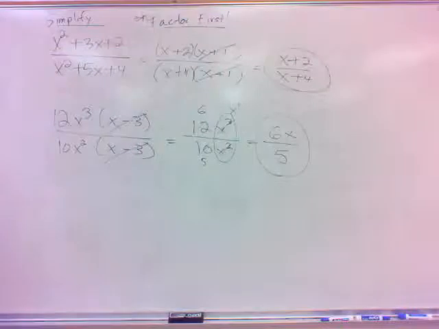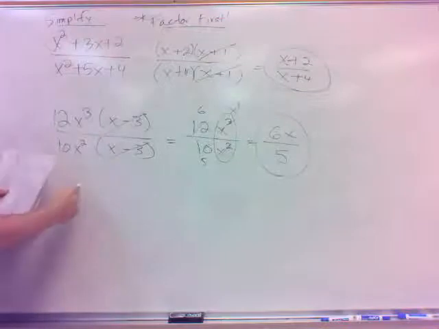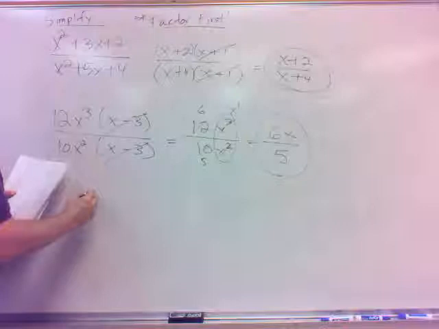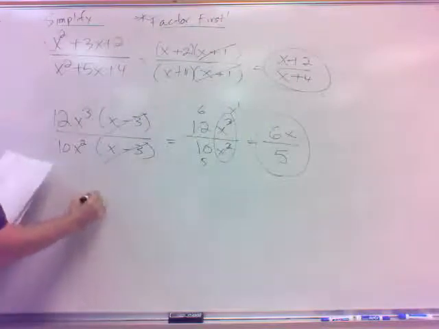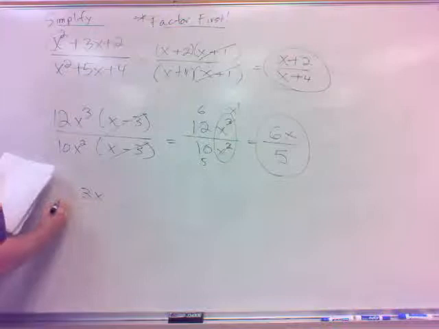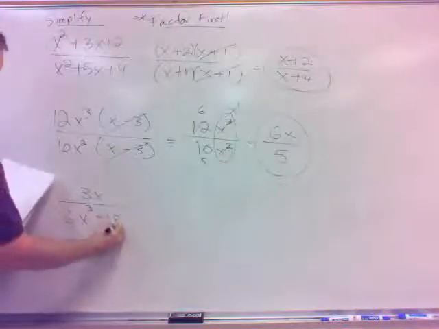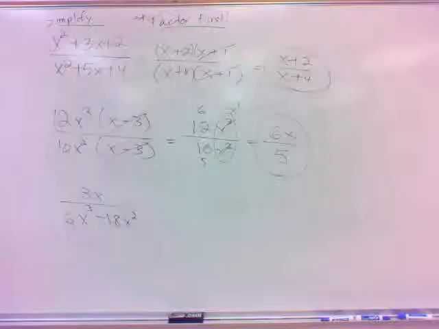All right, what about a couple more here? What about 3x over 6x cubed minus 18x squared?